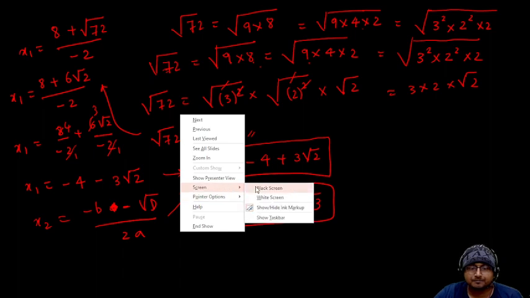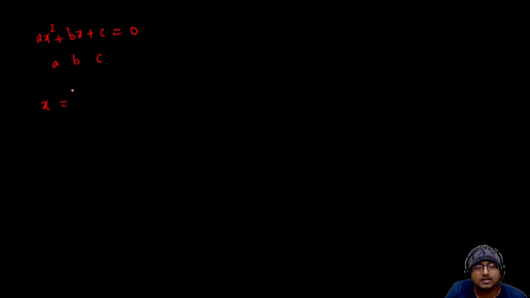First we have to bring any equation into the standard form, that is ax square plus bx plus c equal to 0, and we get the values of a, b, c. Then we substitute in the formula, x is equal to minus b plus or minus under root of b square minus 4ac divided by 2a.